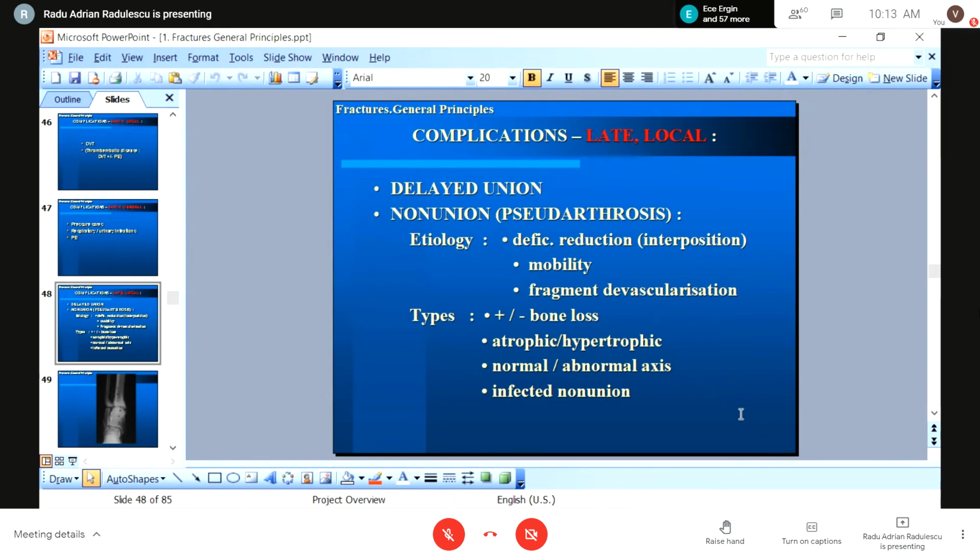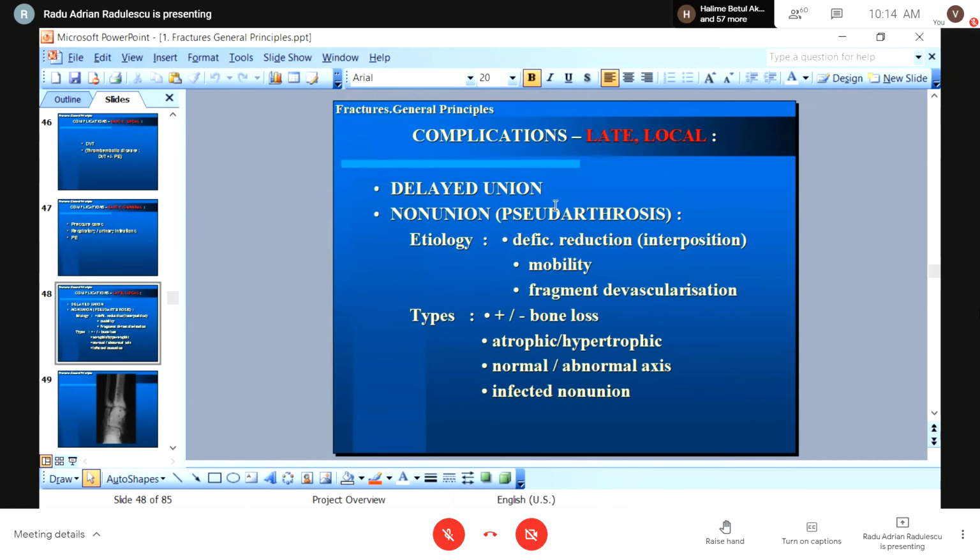Other complications may be late complications, which will appear usually weeks after the fracture. And the most common late local complication will be the delayed union.